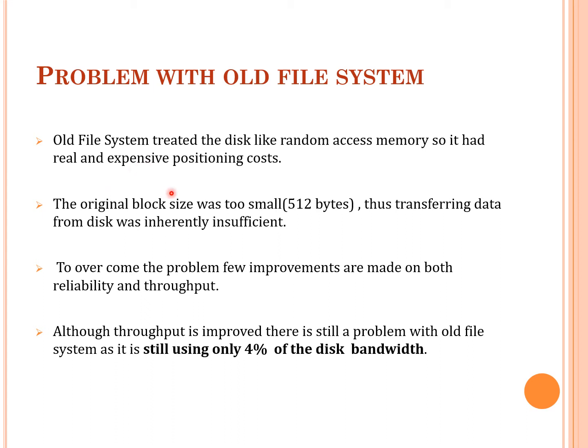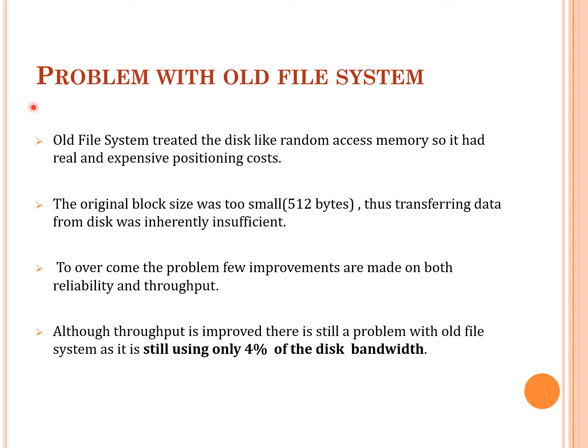To overcome these problems, a few modifications were made to the Unix file system for both reliability and throughput so that the performance would be improved. The reliability was improved by staging the modifications to critical file system data so they could either be completed or repaired cleanly by a program after a crash.